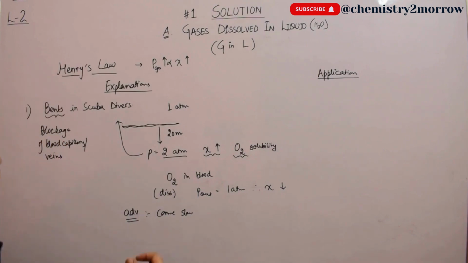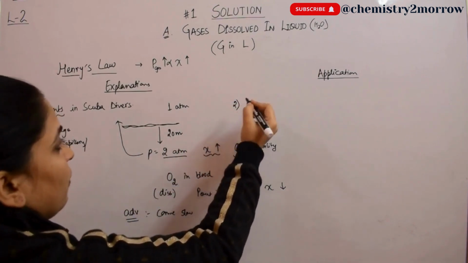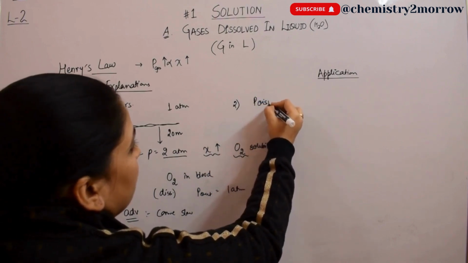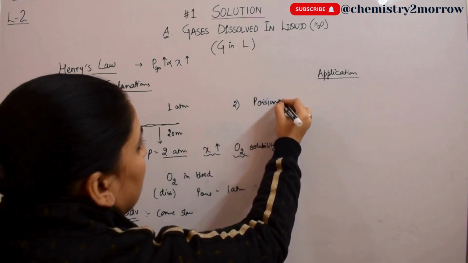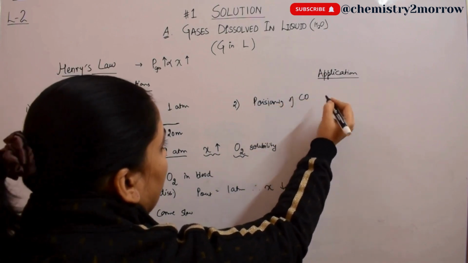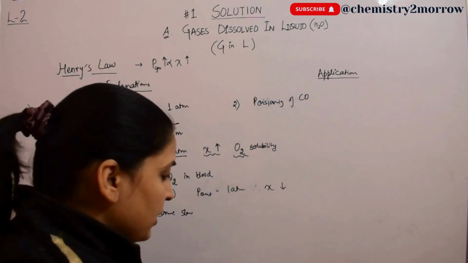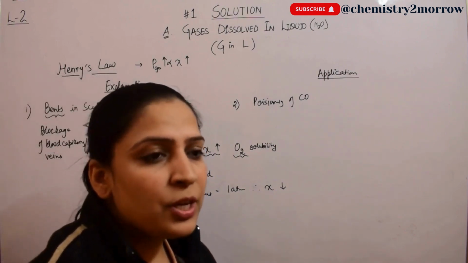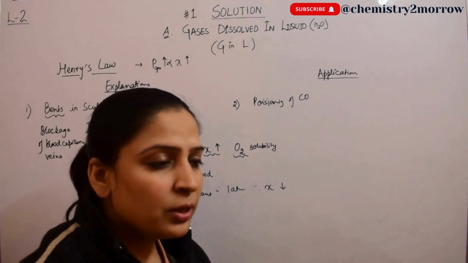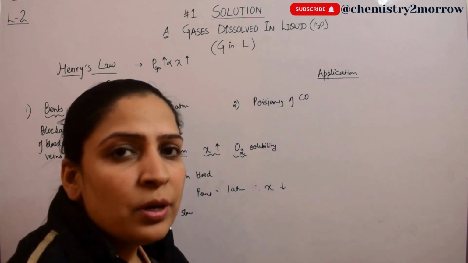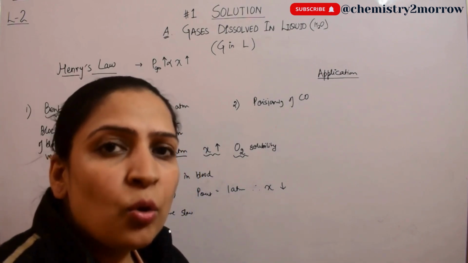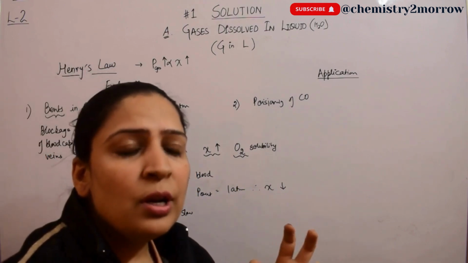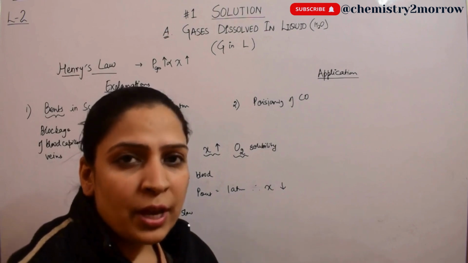This also explains another thing, which is poisoning by CO. This is a very well known explanation of why one should not sleep in a closed chamber with an angithi or coal burning in it. If there is incomplete combustion of charcoal or coal, CO gas is produced.